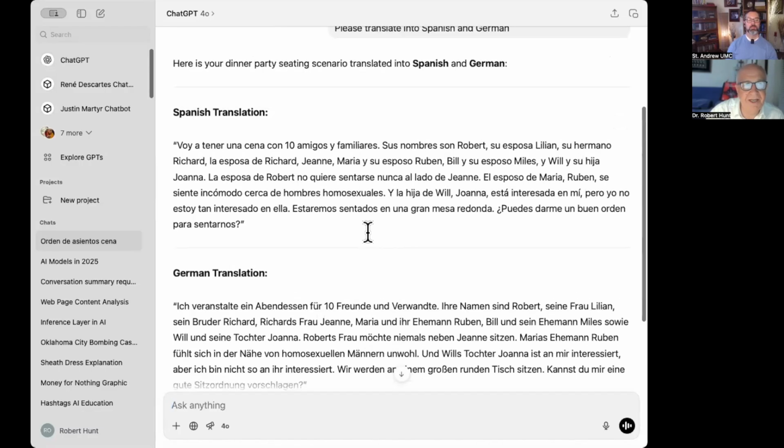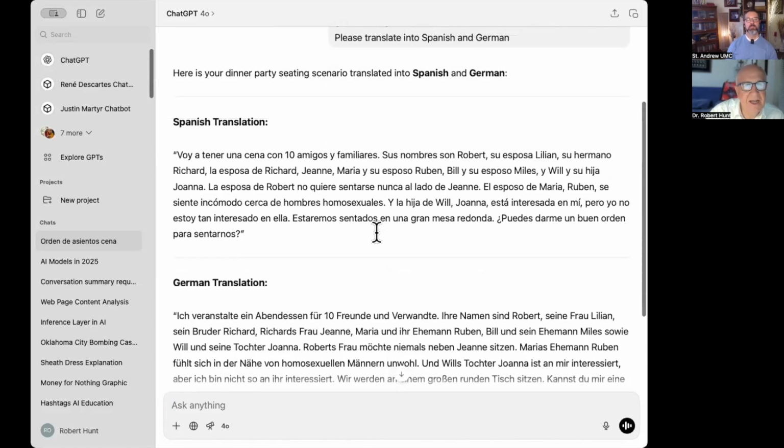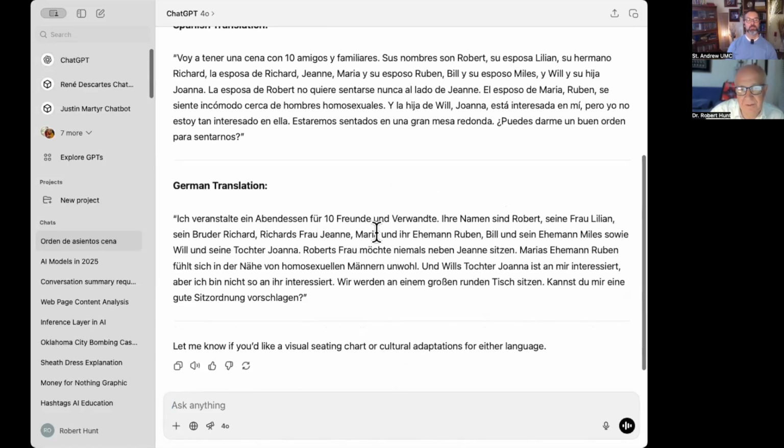It did the translation, but it has now recognized that there's a question in the text: how would we put them in order? ChatGPT's already asked me, let me know if you'd like a visual seating chart or cultural adaptation for another language. Because it detected what I was really asking for, not just a translation, I'm going to say, please give me the seating chart.